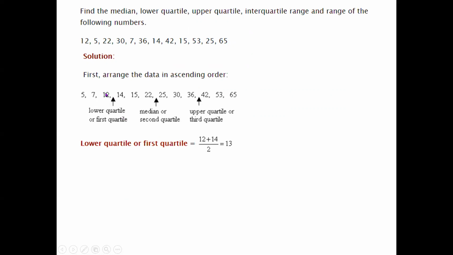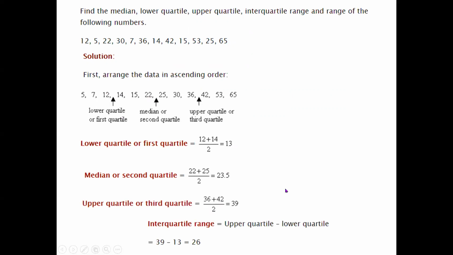Take the average of these two, 12 and 14, which gives Q1. Similarly, 22 plus 25 divided by 2, 23.5, is Q2. Similarly, 36 plus 42 divided by 2 is the third quartile. And IQR is Q3 minus Q1. It's 39 minus 13. So that is the way to calculate Q3 and Q1.